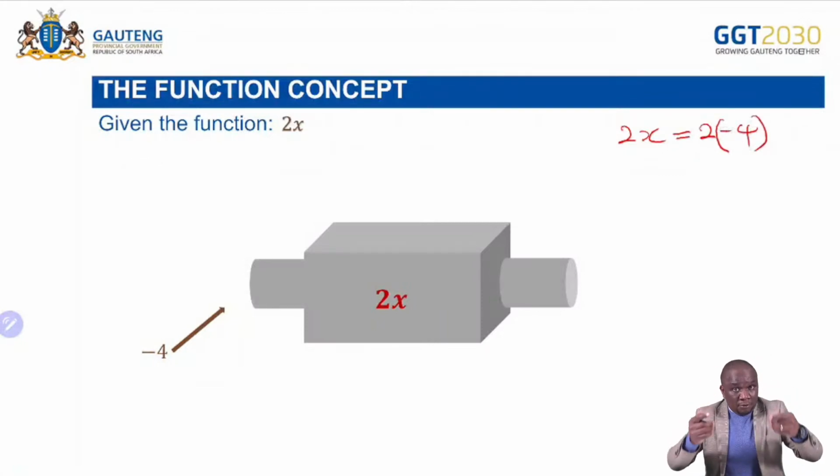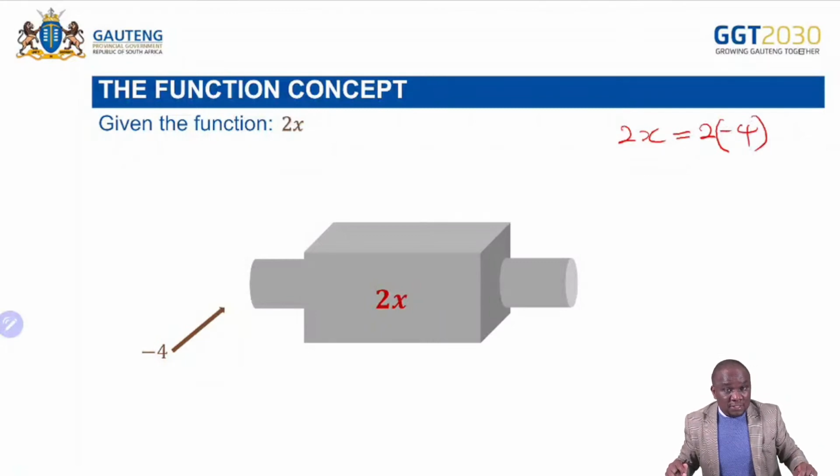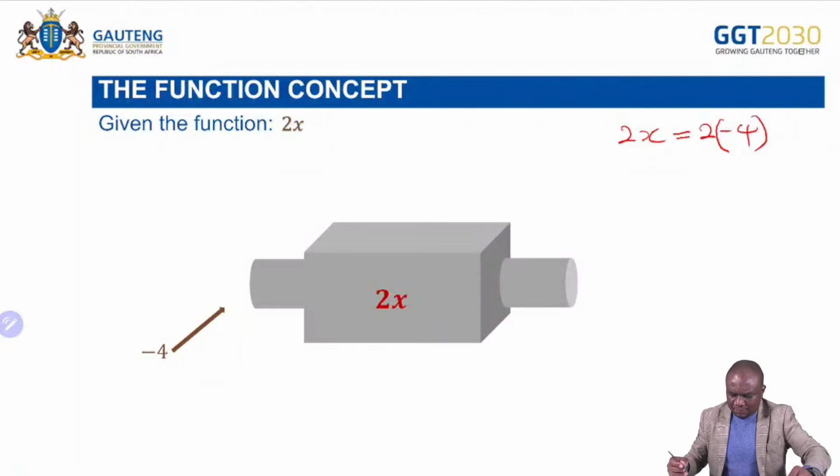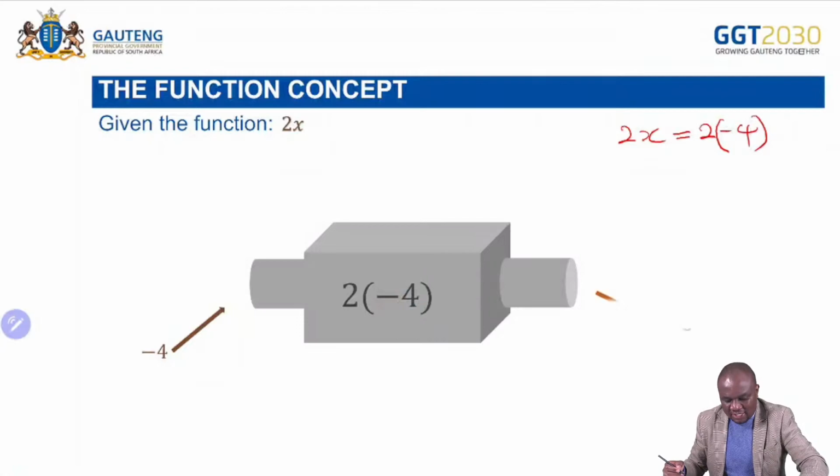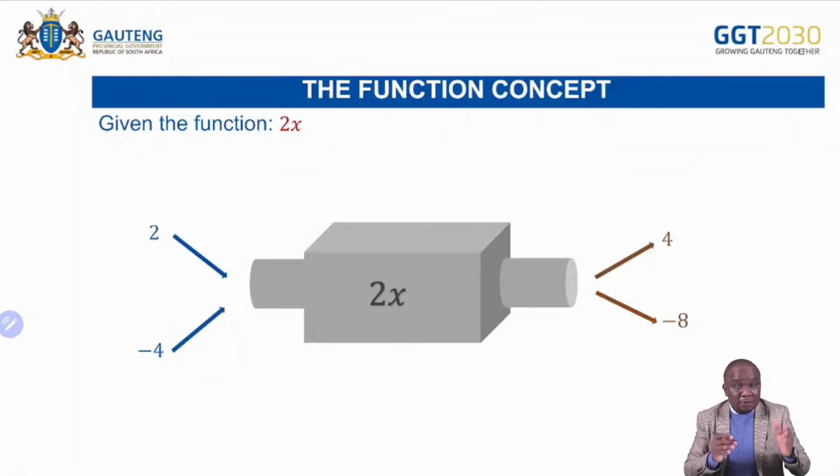It was 2 minus 4 initially, which was 2 minus -2. Now it's 2 times -4, which is -8. So use of brackets when you're substituting is very, very, very, in capital letters, important. Right, let's not forget that. So we're going to put our -4 where there's x, and then we get -8, you see? Right, I wanted to emphasize the use of brackets there when you're substituting. And then we have our input values and output values.